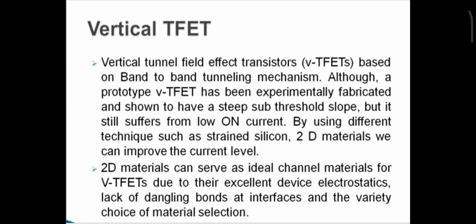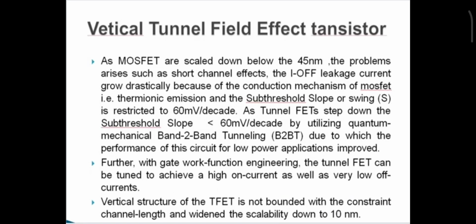due to their excellent device characteristics, lack of dangling bonds at the interface and the variety of choices of material selection in 2D. As MOSFETs are scaled down below 45 nanometer, problems arise such as short channel effects and leakage current grows drastically because of the conduction mechanism of the MOSFET, that is thermionic emission, and the subthreshold slope is restricted to 60 millivolt per decade.